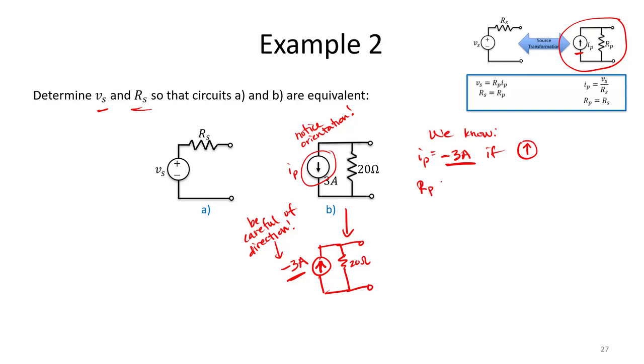We also know that our parallel resistance is 20 ohms. So what do we get for Vs in this case? Well, we know that Vs is equal to Rp Ip, so that gives us 20 ohms times negative 3 amps. So Vs is going to be negative 60 volts. So watch the signs there.